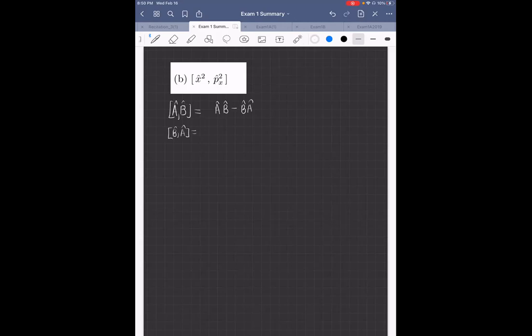Then this is just going to be equal to BA minus AB. And if you really think about it, if you were to multiply this by -1, you get AB minus BA. So if that's true, then this must be true.